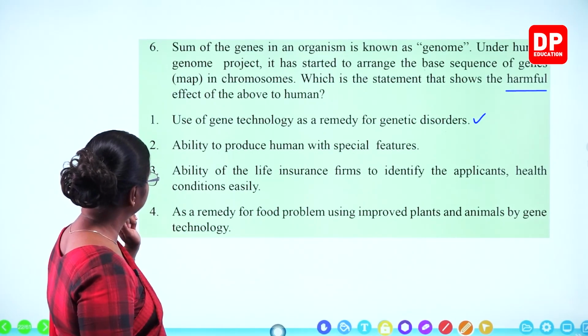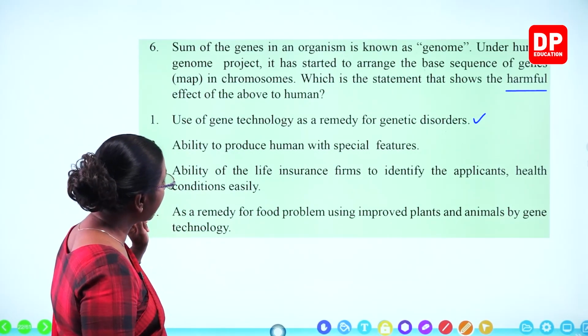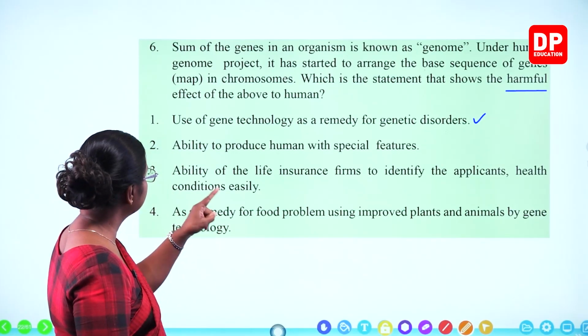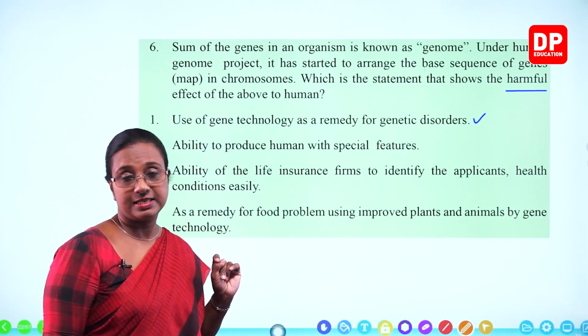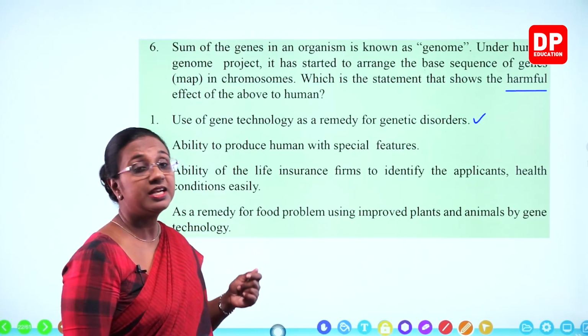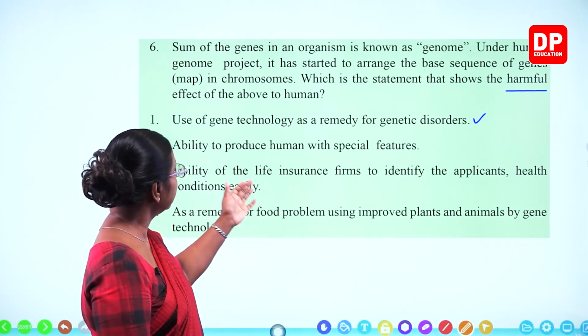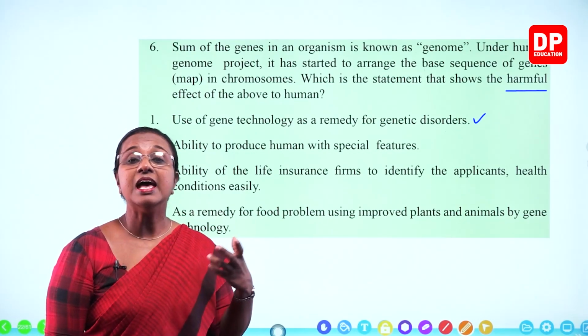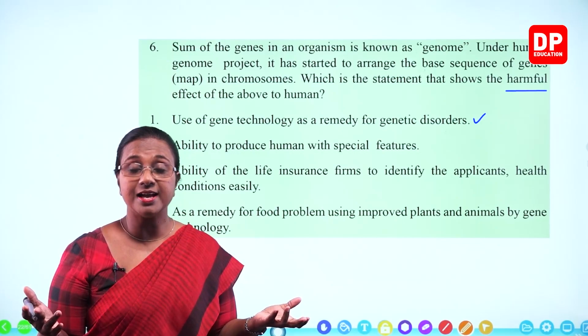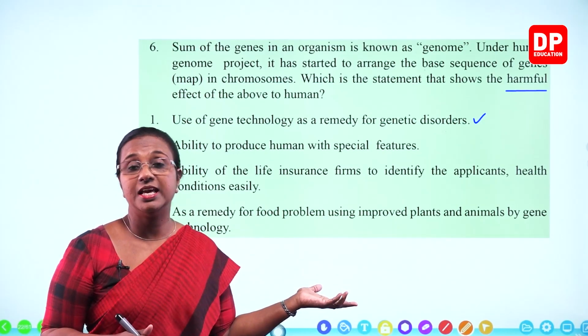Then the third one, ability of the life insurance firms to identify the applicant's health conditions easily. So if you do a DNA test, if they have a genetic disorder, then the insurance firms, they can identify that. Similar to forensic science, here also you can carry out the DNA test.